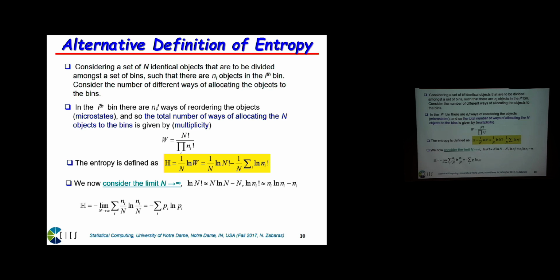So when you plug in things and you take the limit n going to infinity, and you define n_i over n to be the probability of the microstate i, as we call it, you basically get the same formula as we have defined from information theory. So the two things are equivalent. So in statistical mechanics, you will see people defining entropy this way, but they are practically the same thing.